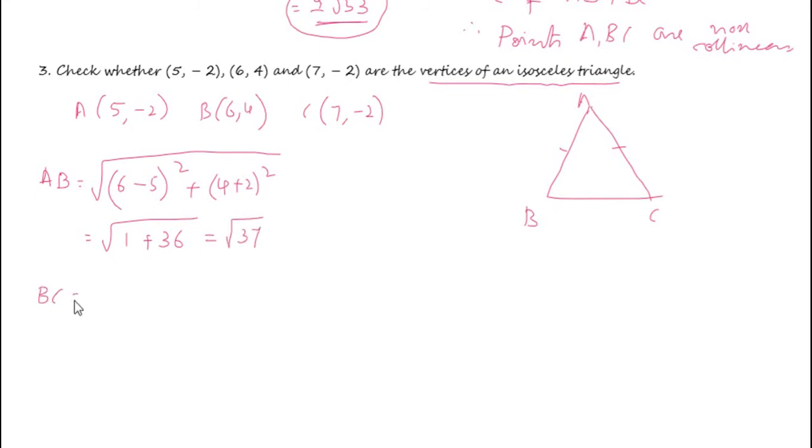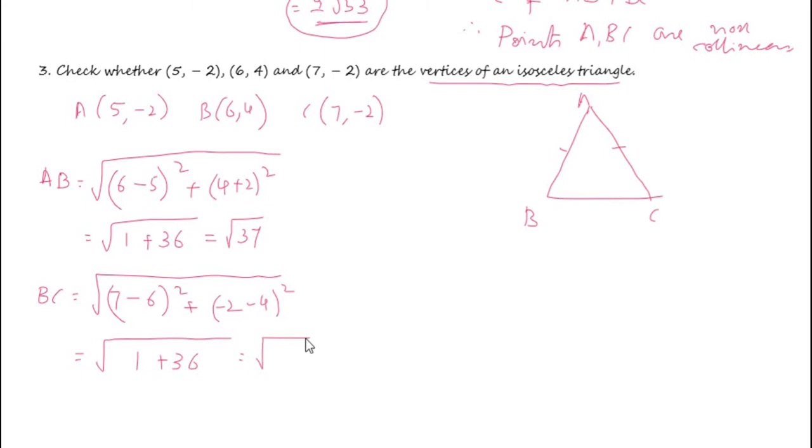Now BC is equal to square root of x2 is 7 minus x1 is 6 plus y2 minus y1 is minus 2, y1 is y coordinate of B, so it is minus 4 whole square. This becomes square root of 7 minus 6, that is 1, whole square is 1 plus minus 2 minus 4, minus 6 whole square is 36. So this becomes square root of 37.